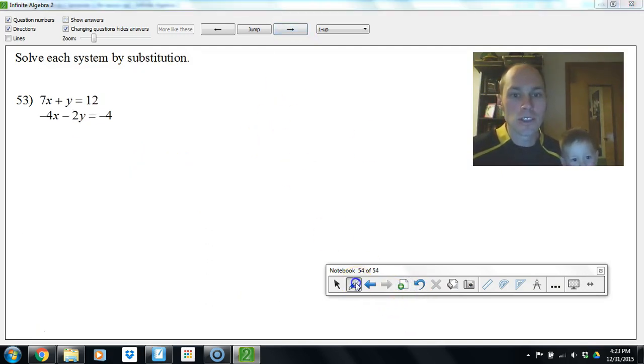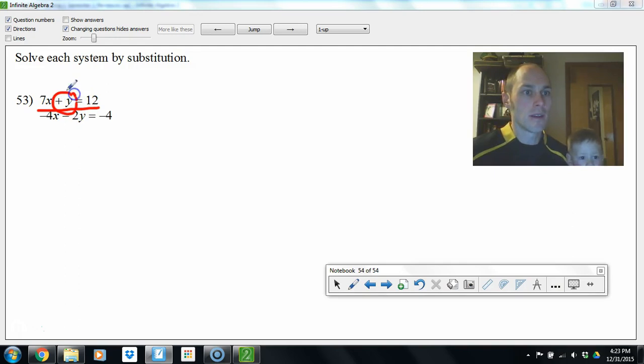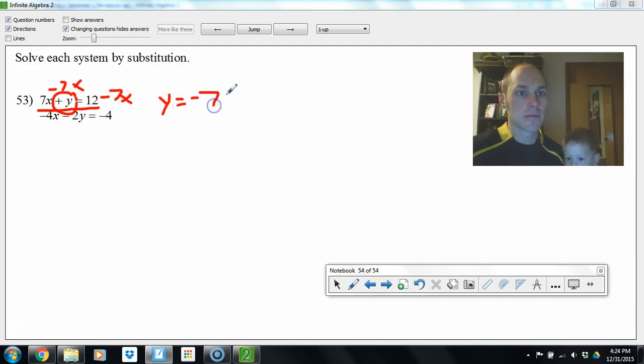Solve by substitution. Remember, in substitution, we want to get the x or the y alone. In the first case, this equation here is the easiest one to do because the y has a coefficient of 1. So if we just subtract 7x from both sides, we've got y equals negative 7x plus 12.